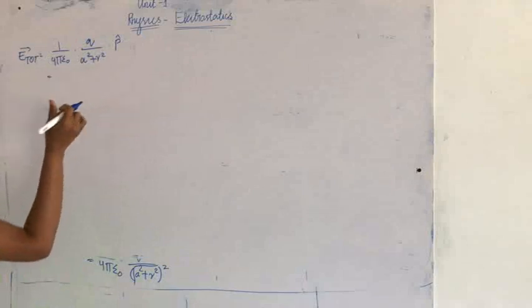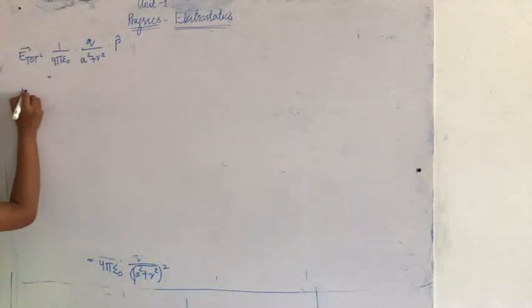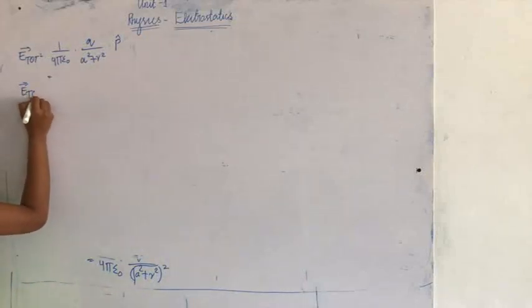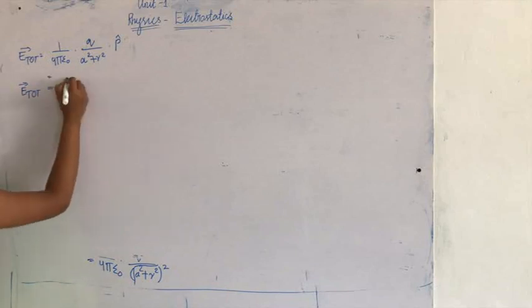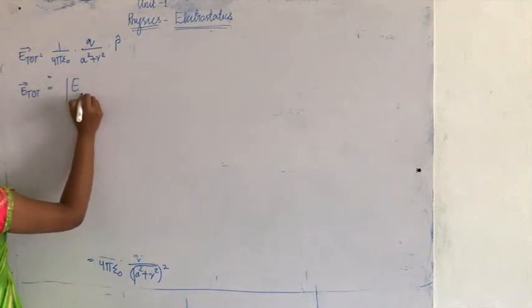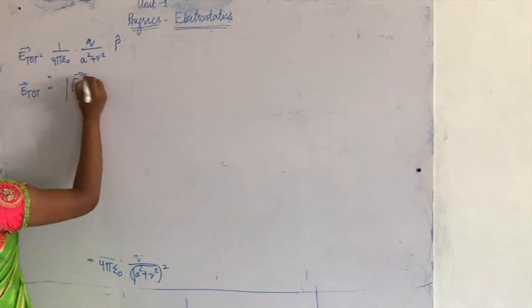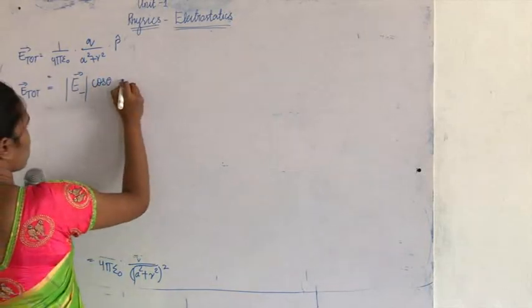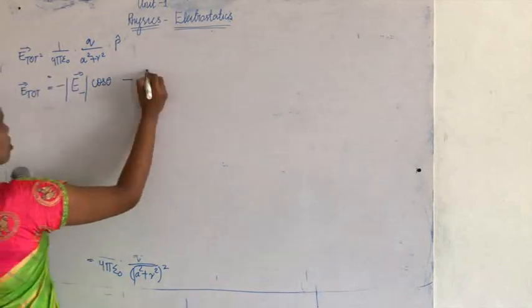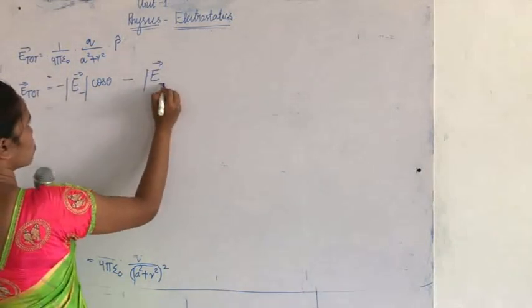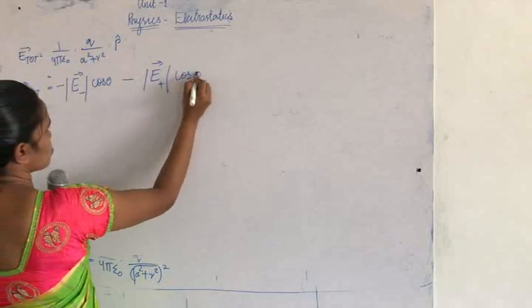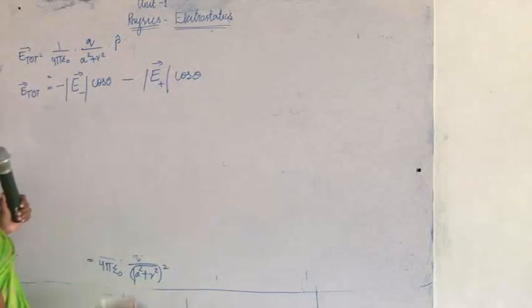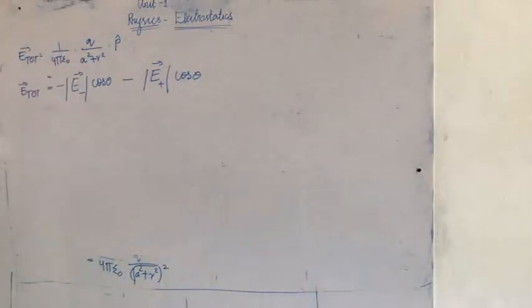Now we are going to apply it in the formula E total equal to modulus of E minus vector cos theta minus modulus of E plus vector cos theta. Apply this value in the equation.